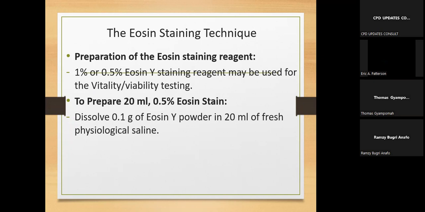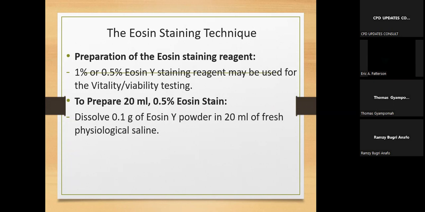Remember, I said that viability testing is not something you have to do at all costs. It becomes indicative when you have a lot of dead or immotile sperms. Otherwise, you don't need to do it. Using eosin Y, it can be done as 1% or 0.5%.